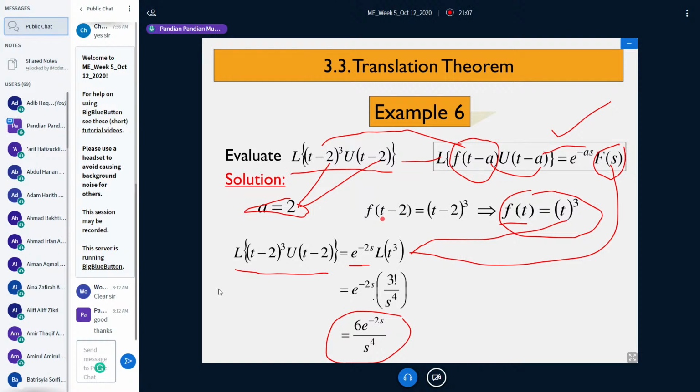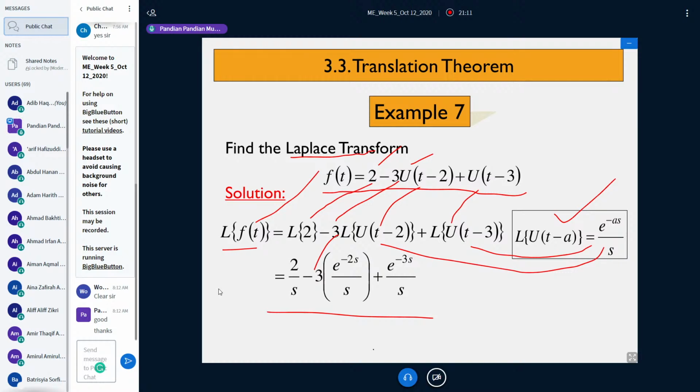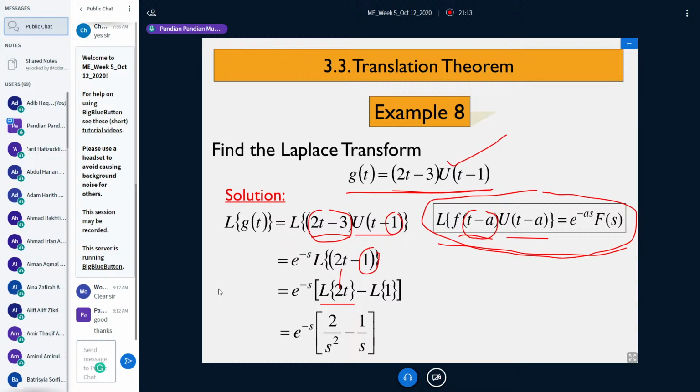Still, you can use the 2t, but in this case they are using a different way because this is the easiest way to calculate. So Laplace of 2t minus Laplace of 1. Laplace of 2t, you use the formula 3.1.